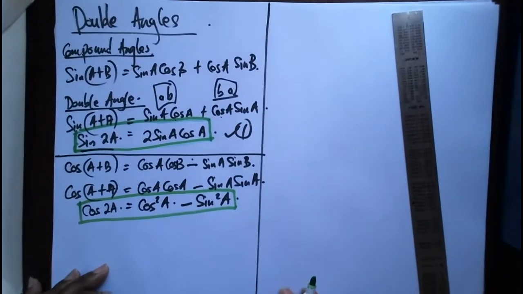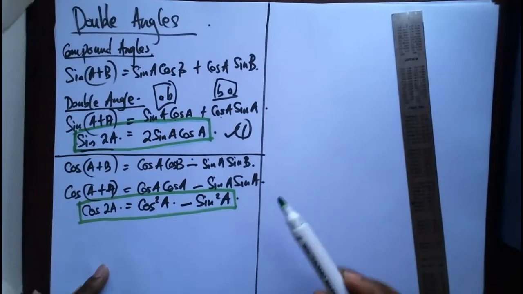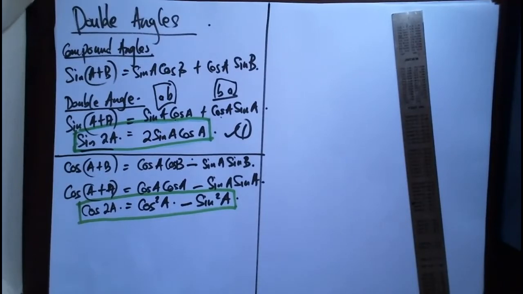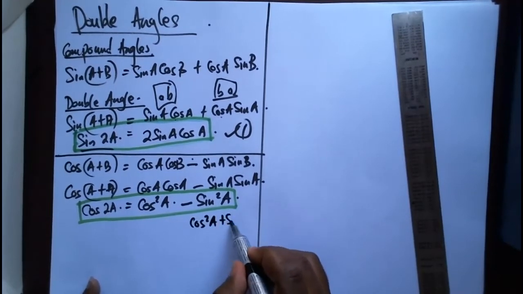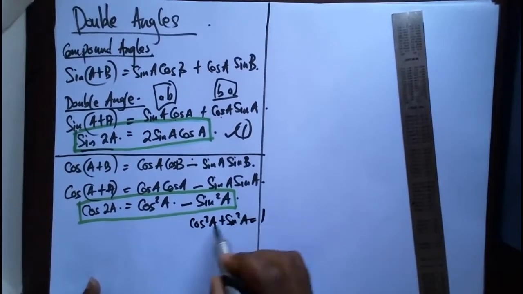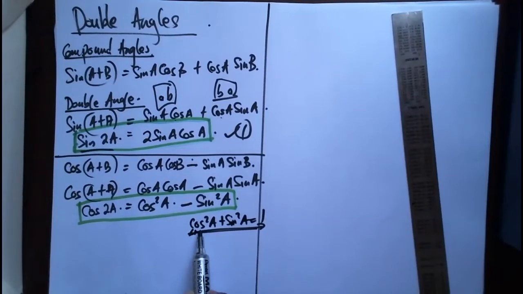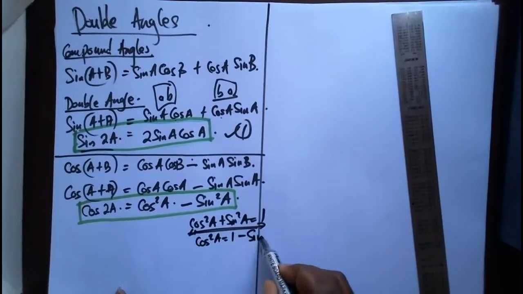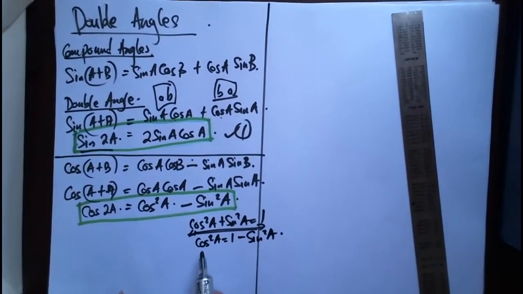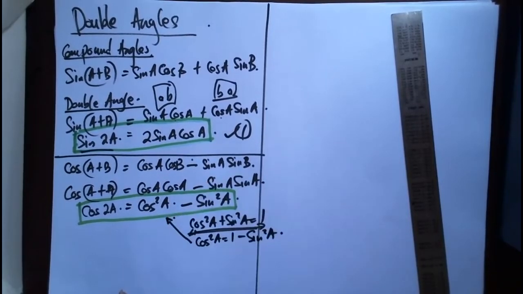Let's go to the other. We can see that we have cos squared A minus sine squared A. But remember, we also have an identity that says cos squared A plus sine squared A is equal to 1. This is another identity. So if I make cos squared A the subject of the formula, cos squared A is equal to 1 minus sine squared A. Then I can substitute in here.